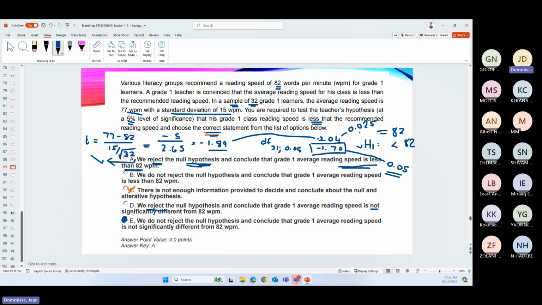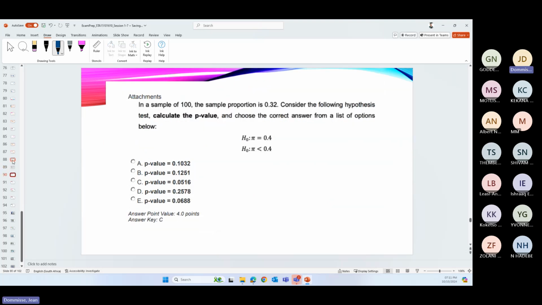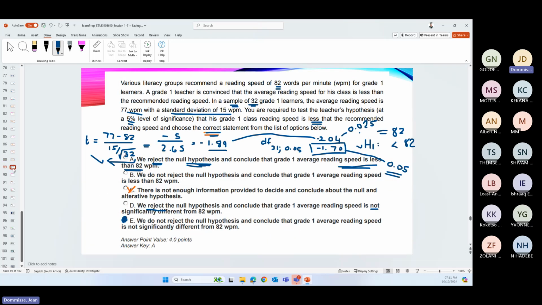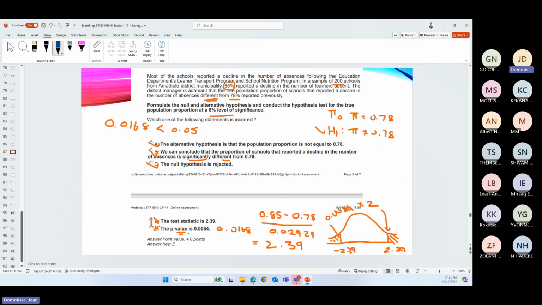Okay, but if you look at these two, for me this is the most difficult of your hypothesis testing, because if it is a Z, you can play around with the p-value and the t-stat to see if you accept or reject.